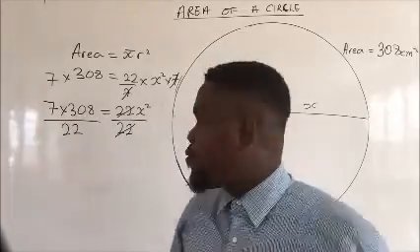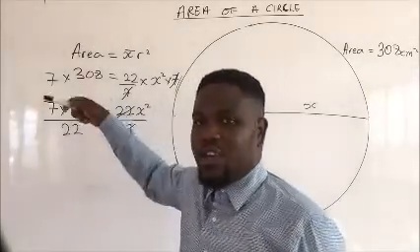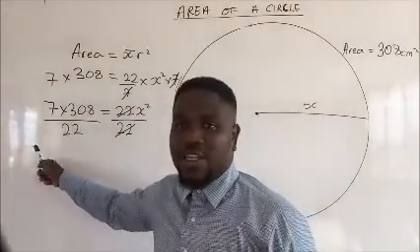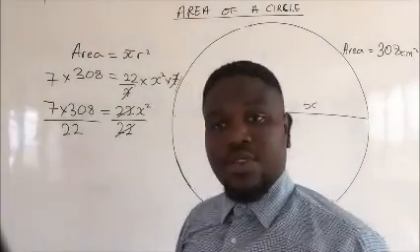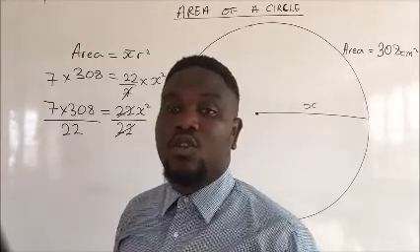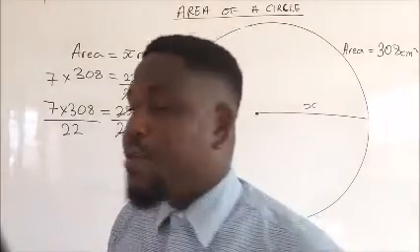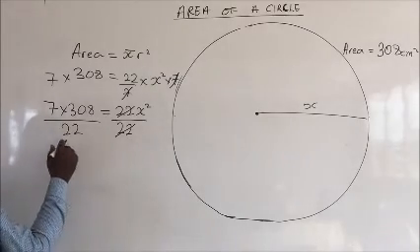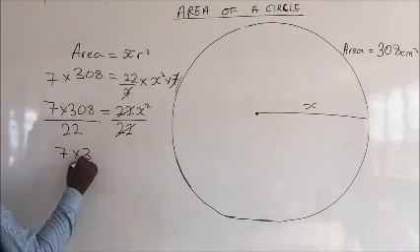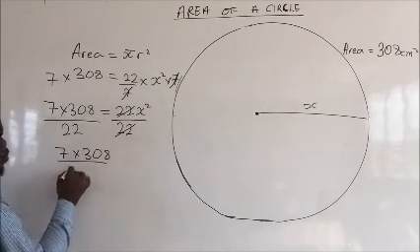I hope you get me. If you multiply this by that, at the end of the day, you end up dividing it by 22. So why don't you just leave it and divide? When you finish, you do your multiplication. Perfect. So we end up getting 7 times 308 over 22.